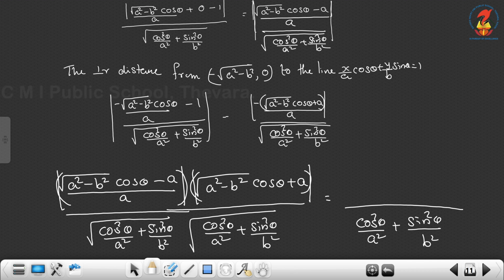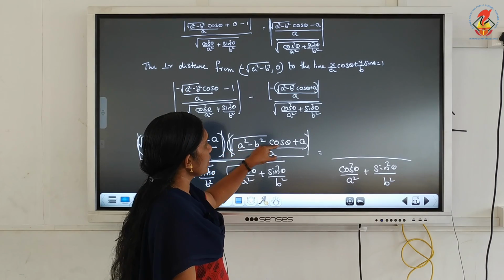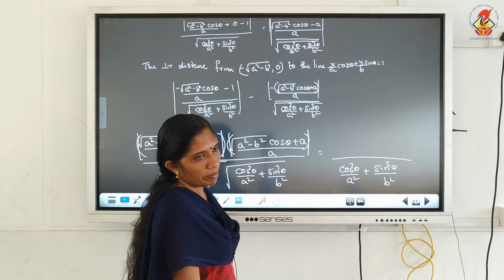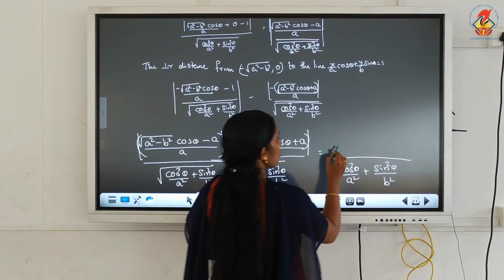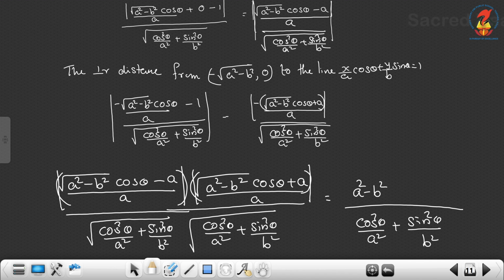In the numerator, here I didn't write a by a. Look at the numerator: root of a square minus b square cos theta minus a, and root of a square minus b square cos theta plus a. That is in the form (a plus b)(a minus b), which equals a square minus b square. So a square minus b square outside the root, then we have cos square theta, then plus a, minus a. That is a square minus b square, and then minus a square, by a into a. What is a into a?